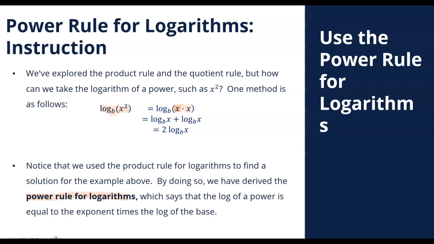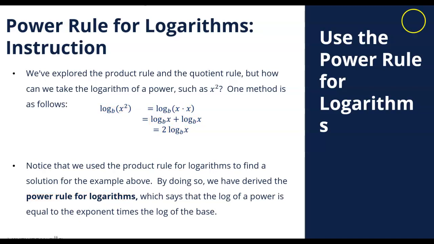And so therefore, we can just use the product rule from here. We can write this as log of x base b plus log of x base b, and then combining those two, you get 2 log of x base b.